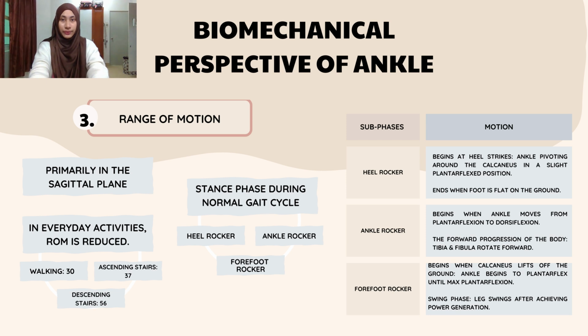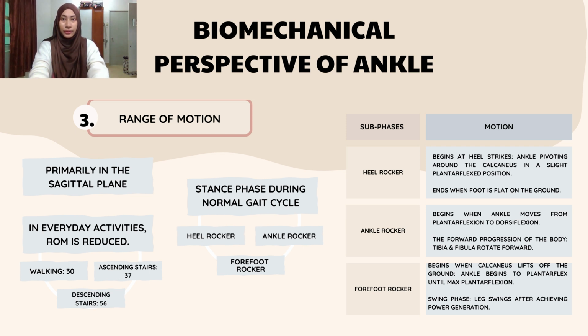The heel rocker phase begins at heel strike, where the ankle is in a slight plantar flexed position, pivoting around the calcaneus until the end of the rocker phase, which is when the foot is flat on the ground. During this subphase, the dorsiflexors are eccentrically contracting to lower the foot to the ground.